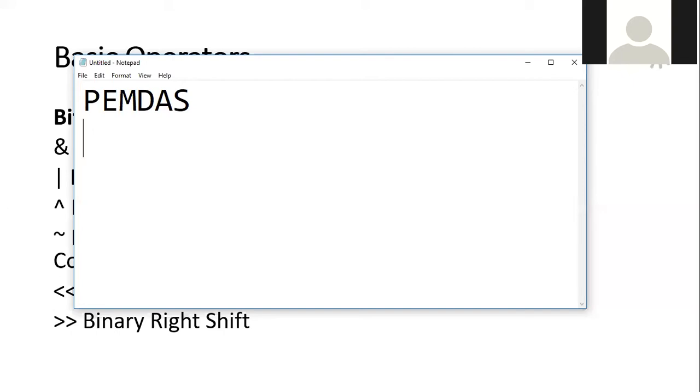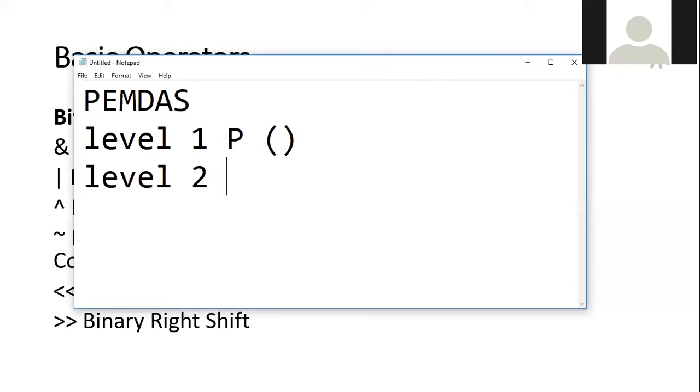Ibig sabihin, for the P, siya yung nauna, this is level 1, or yung parenthesis. Level 2, if all of the parentheses is eliminated or solved in that expression, and you have exponent, so you have to evaluate exponent after parentheses. For level 3, we have multiplication and division.